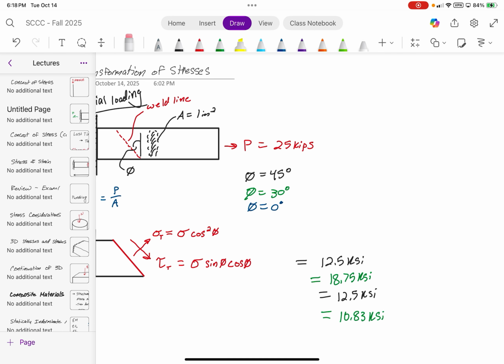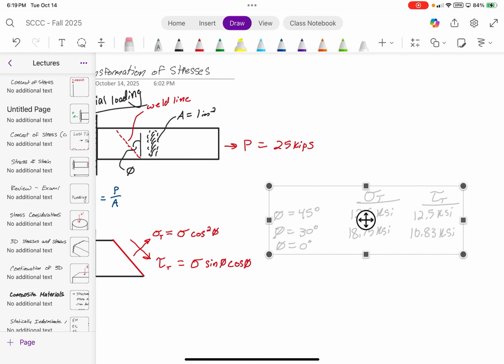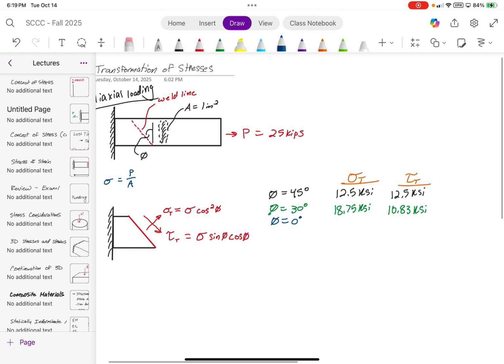I'm just going to tabulate these. Somebody else?